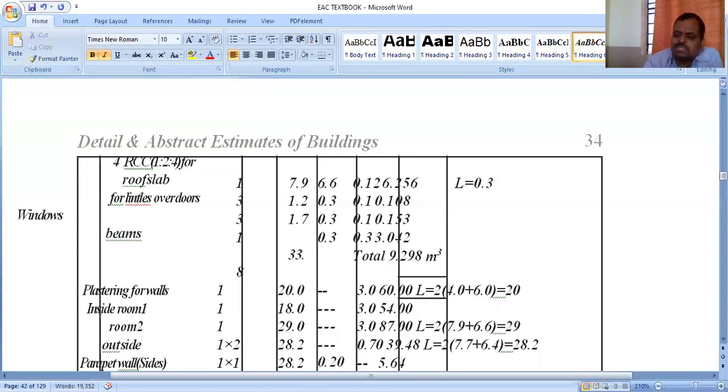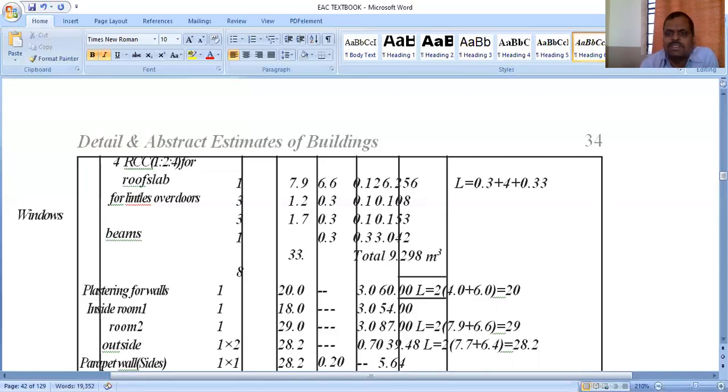Plus we have to add the length of the first room. It is 4 meter. Secondly, we have to add again the central wall junction's thickness. It is 0.3 again. In the same manner, you have to again add the length of the second room.